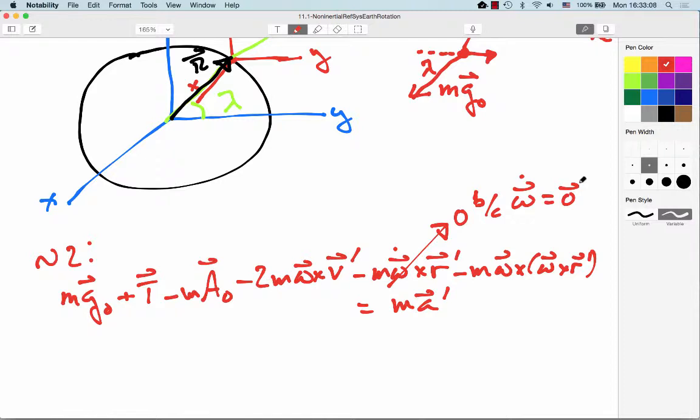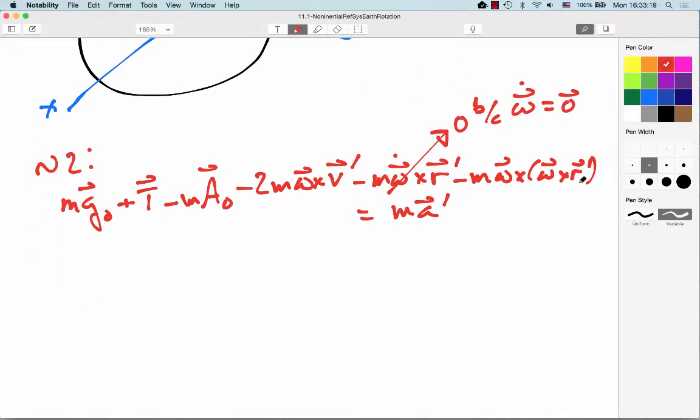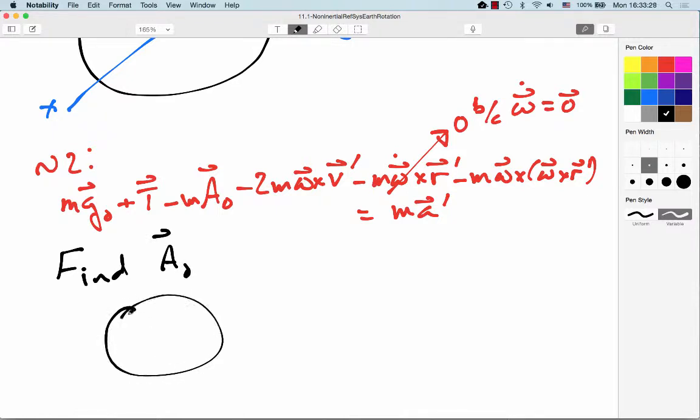Okay, on the other hand, finding this a naught, that's going to be a bigger deal. So let's go ahead and start doing that. So we'll find our a naught. All right. So again, here's an Earth.